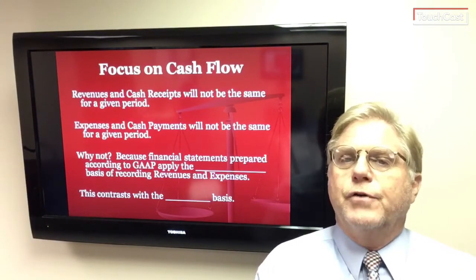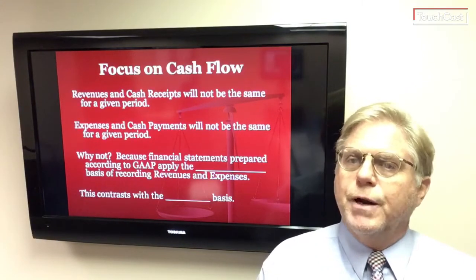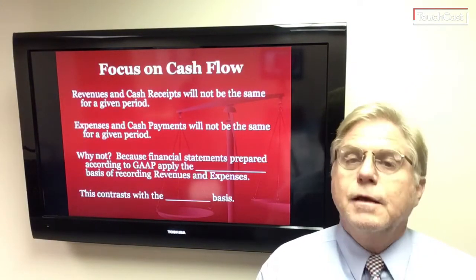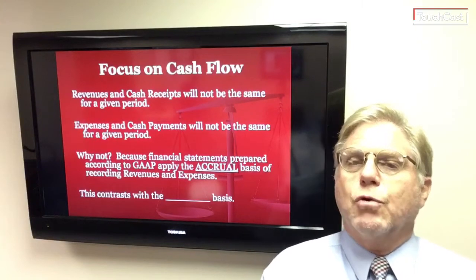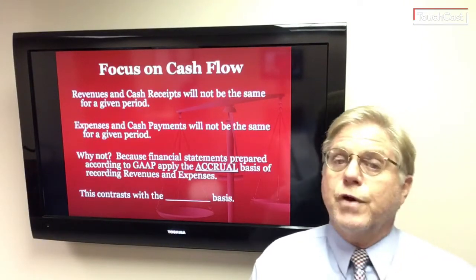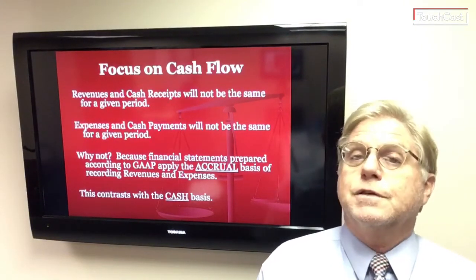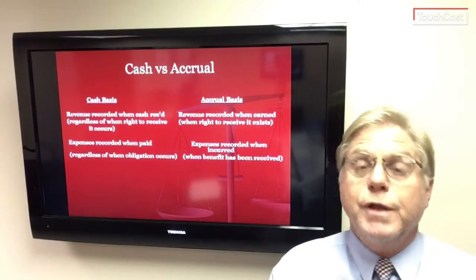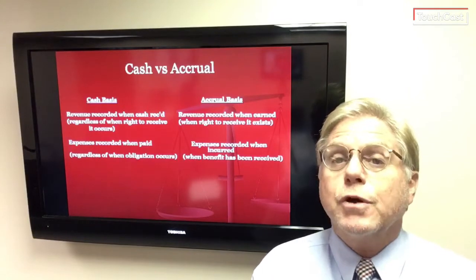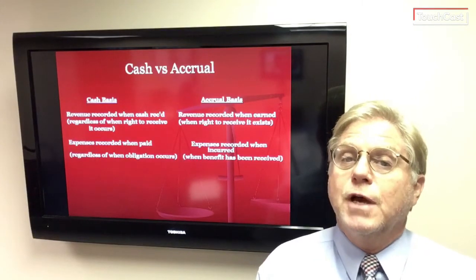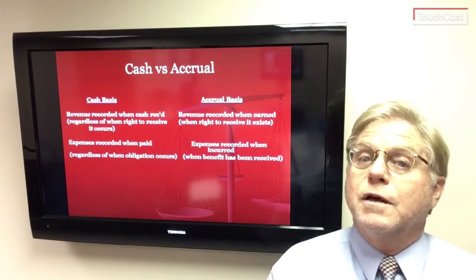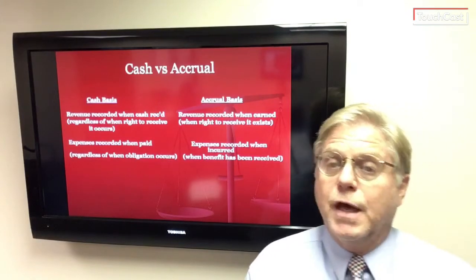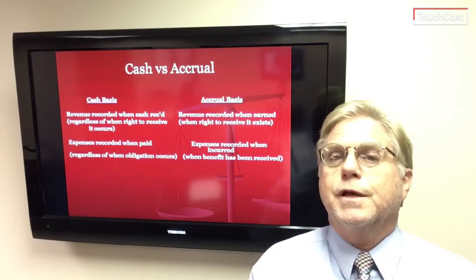Why not? Very generally because financial statements prepared according to GAAP generally apply the accrual basis of recording revenues and expenses. And this contrasts with what we know is the cash basis. And here's, I think, a good summary of the differences between those. Under the cash basis, revenues are recorded when the cash is received, not necessarily when the right to receive it, that is, the earning of that revenue takes place.